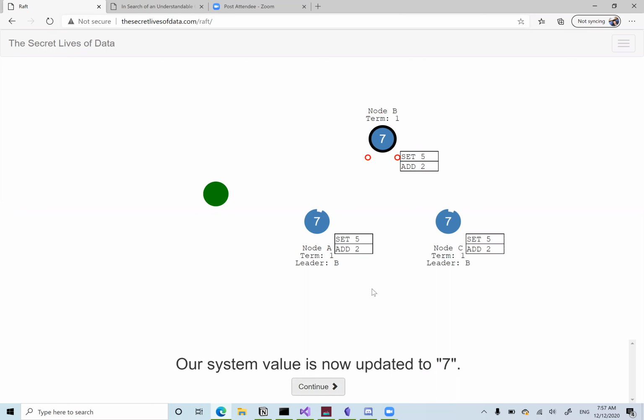Abhishek, I have a question. Why not send the request to commit to the two followers before sending the acknowledgement to the leader and then to the client? Mm, so because then it will add more delay, right?